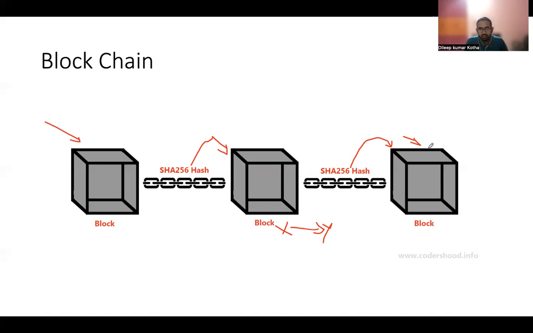In this way, modifying this block will make this chain go haywire. And in a similar way, the block after it, since it has the hash value stored of this block plus this block, its calculation of the SHA-256 hash also will go haywire. So in this way, the entire blockchain will become invalidated.